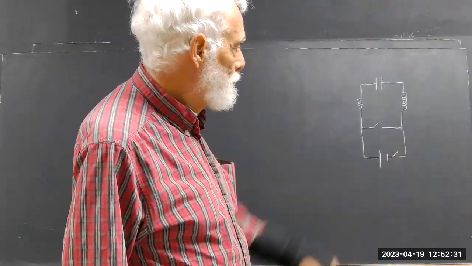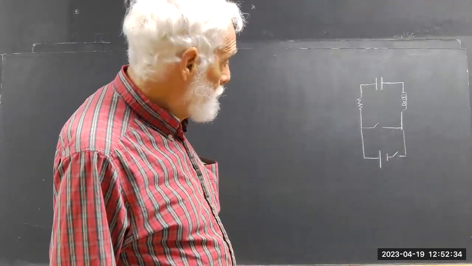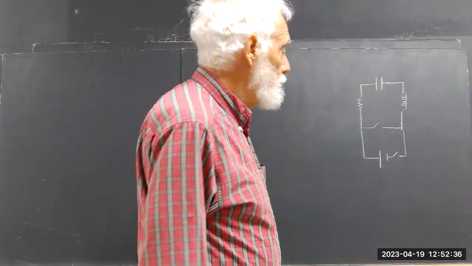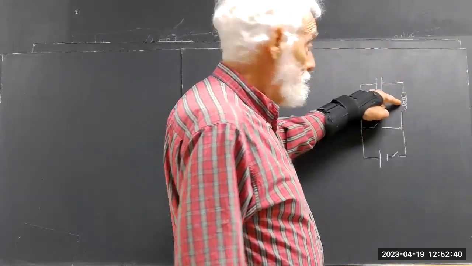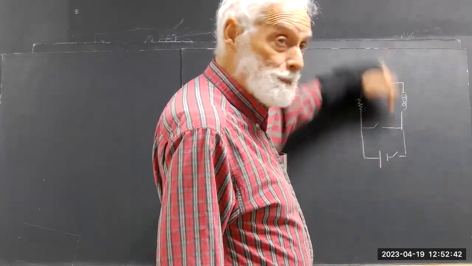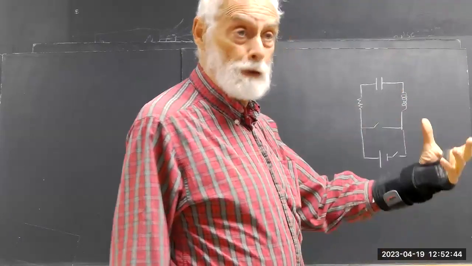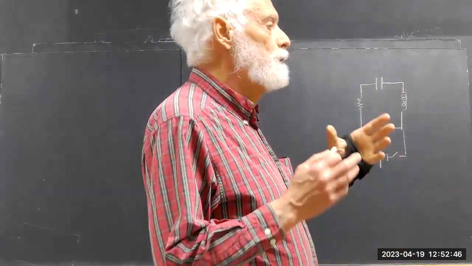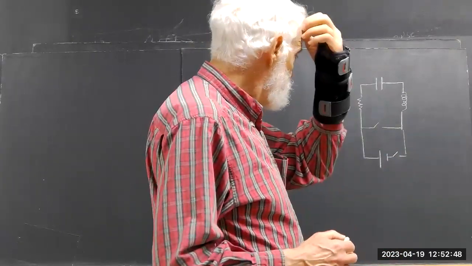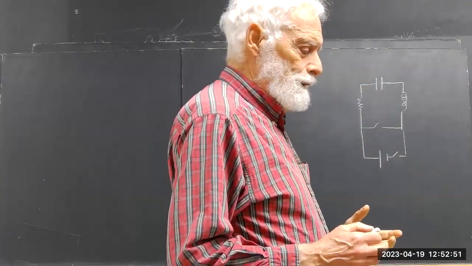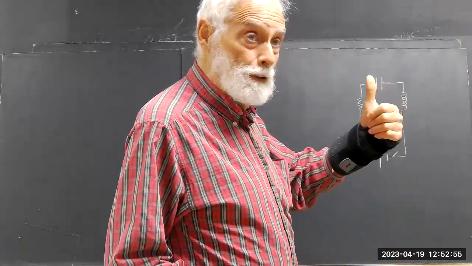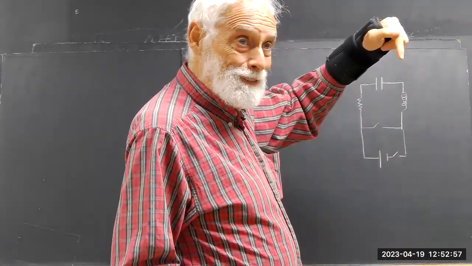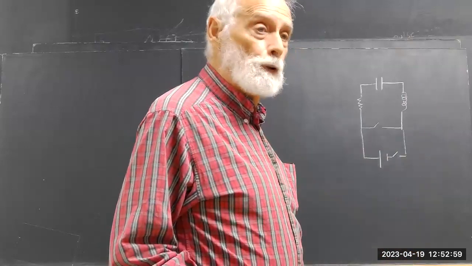So let's say we're using a battery. You close this switch and what happens? You try to drive a current through this thing, but it resists it. Lenz's law. You're trying to increase the current in this, but that causes an increasing magnetic field, which produces an opposing EMF.